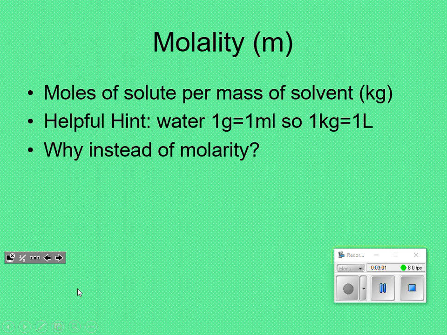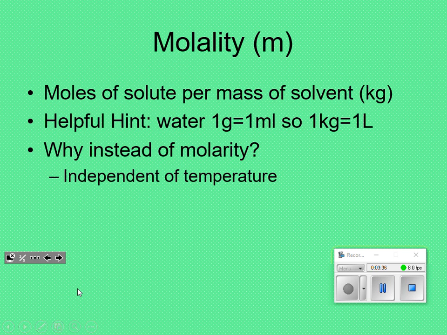Molarity is far and away the most common unit of concentration. However, there are times when molality is preferred. One of the reasons why molality would be used instead of molarity is molality is independent of temperature. What can change when you increase or decrease temperature?